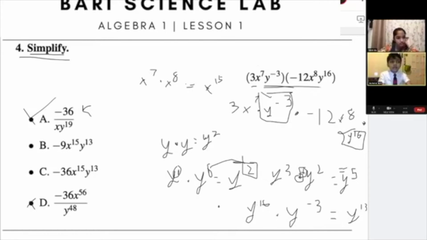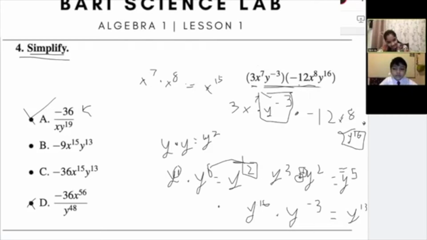What is 3 times negative 12? 36. 3 times negative 12. Negative 36. Yeah.